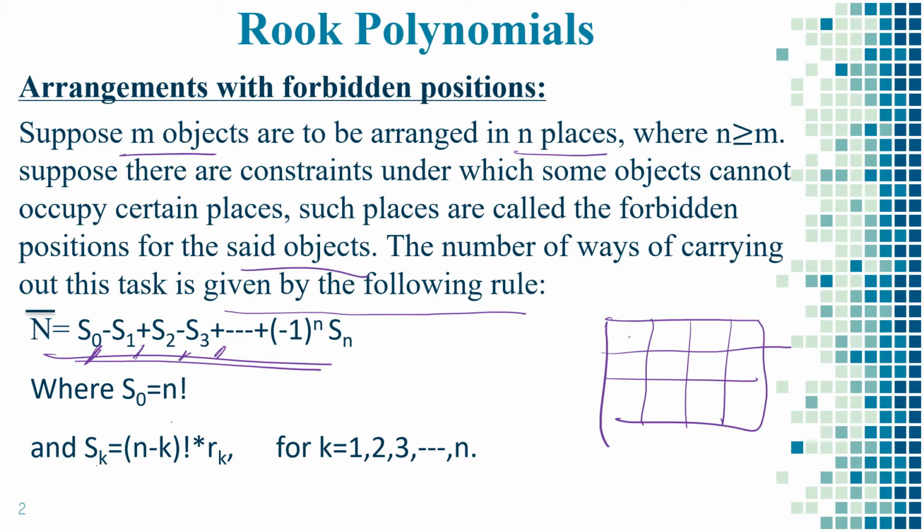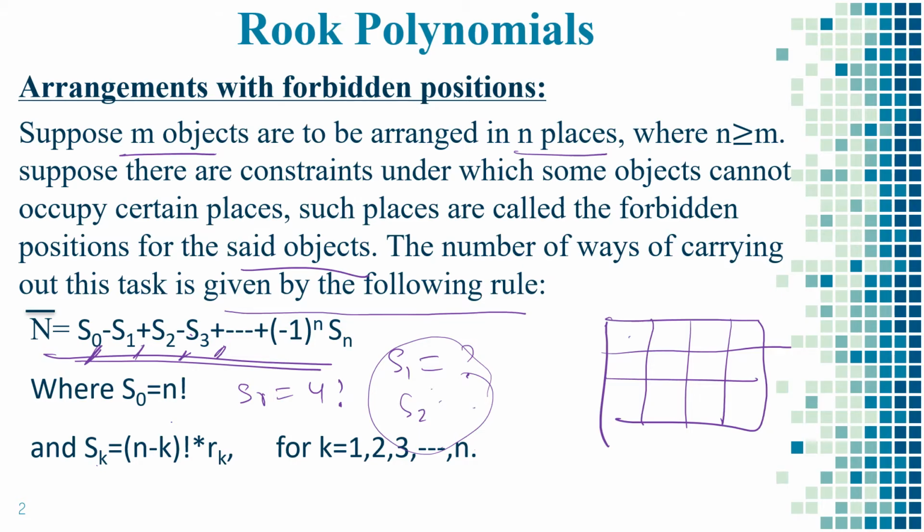Suppose there are 4 columns, then S0 is equal to 4 factorial. So Sk is nothing but S1, S2, S3. S1 should be calculated, S2 should be calculated, and S3, and all this should again be taken as an input for the n bar.